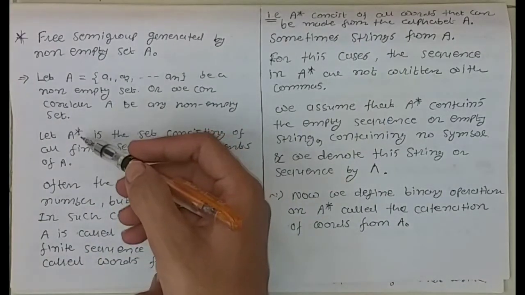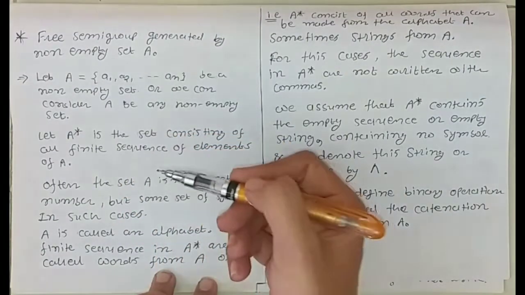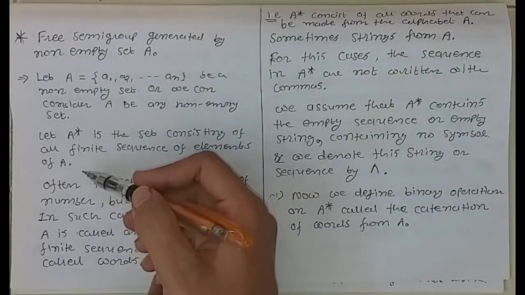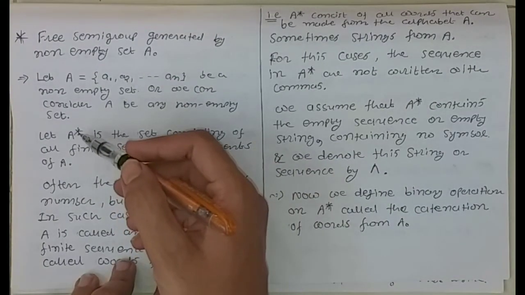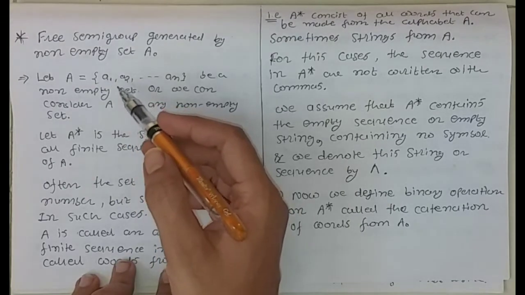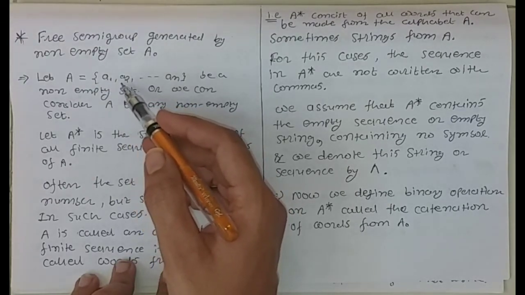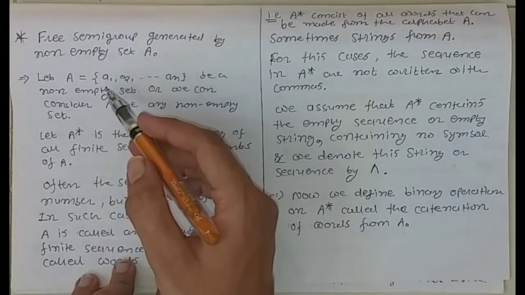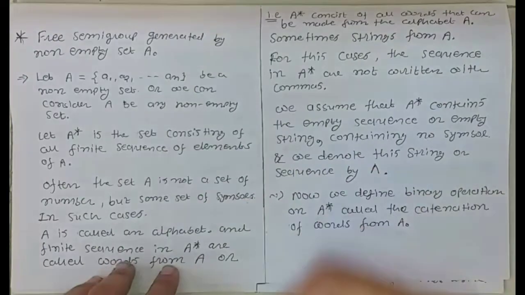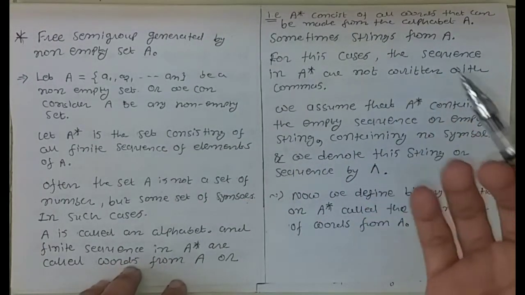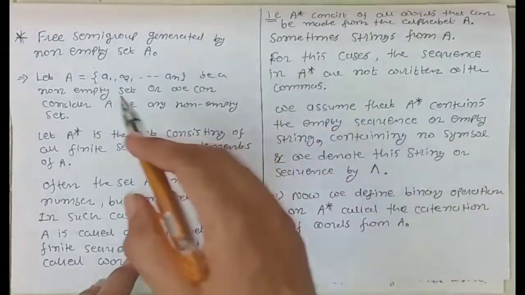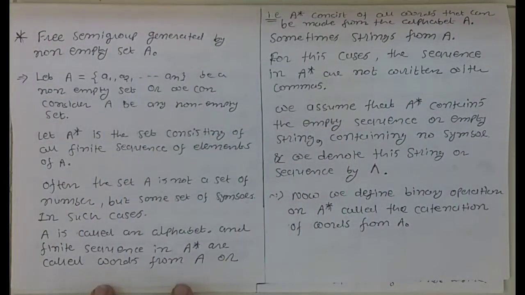A star is the set consisting of all finite sequences of elements of A. That is, if we consider two elements A1 and A2 from this set, then the sequence A1, A2 also belongs to A star. The sequence A1, A2, A3 also belongs to A star. These are finite sequences made from the elements of the set A.